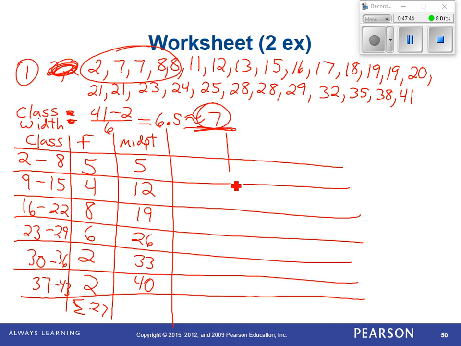Next one, class boundaries. Should have probably made this bigger, because it's gonna run out of space. To find the class boundaries, you just go down a half, up a half. So 1.5 up to 8.5.